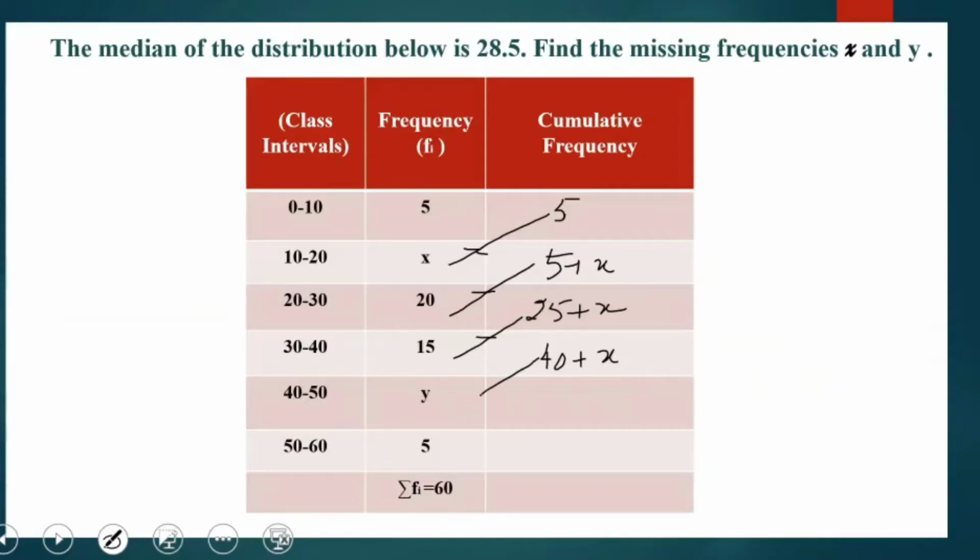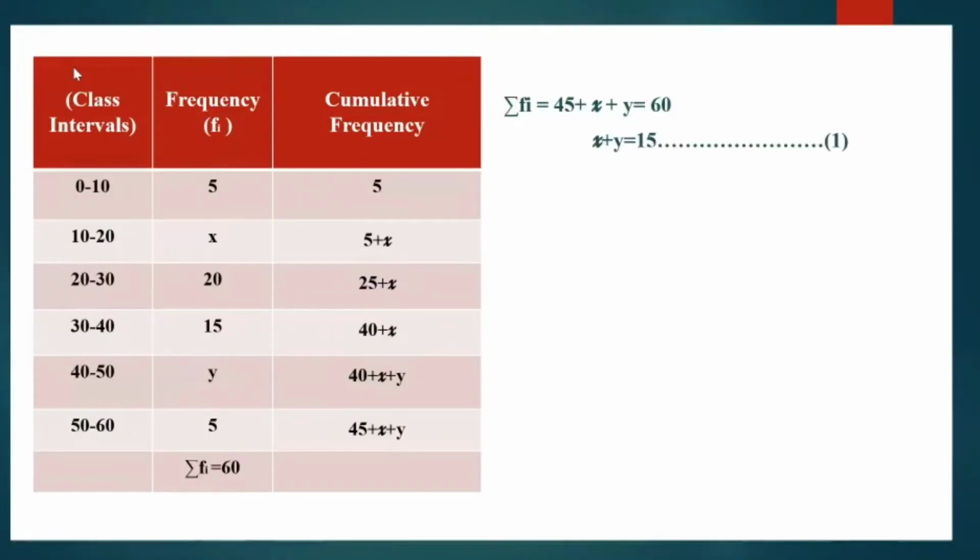Then 40 plus x plus y. And then finally, 40 plus x plus y plus 5, which is equal to 45 plus x plus y. Now this 45 plus x plus y is equal to 60, which gives me x plus y is equal to 15. So this becomes my first equation, which I'll be using to find out the values of x and y.